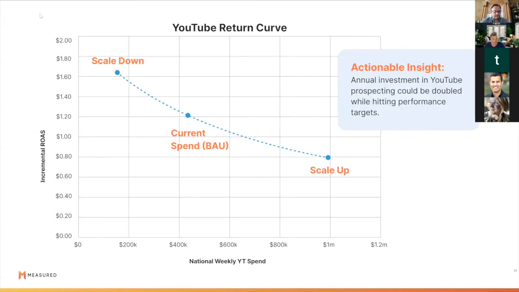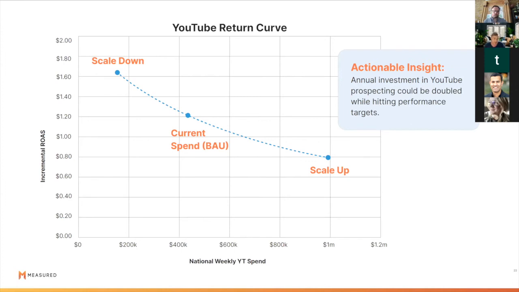So what were the results from this test? Just to recap, it was a scale down, a holdout, and a scale up. These are actually displayed in the opposite order. That's just how the results work out. The scale down demonstrated a very high ROAS when they reduced their spend, simulating somewhere around 2 point something million.